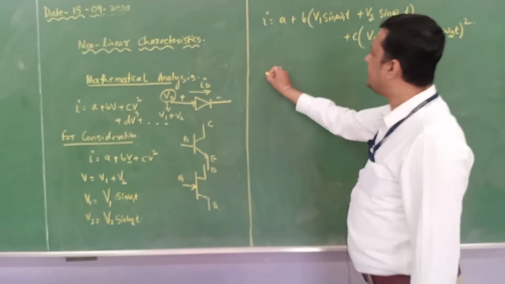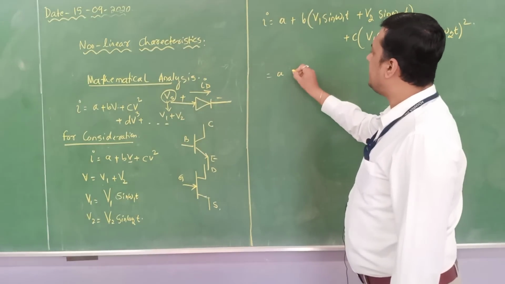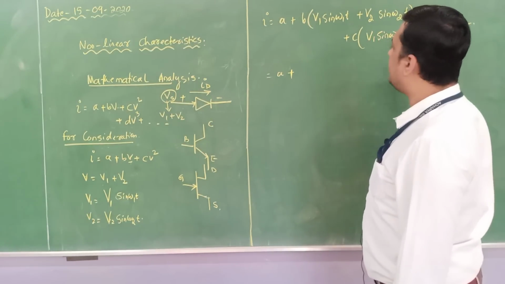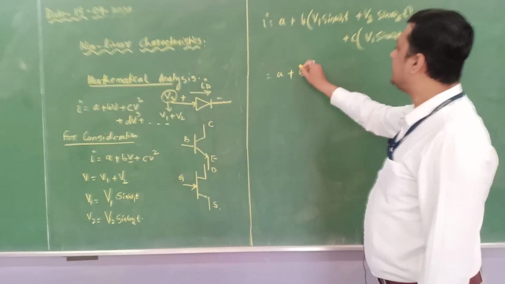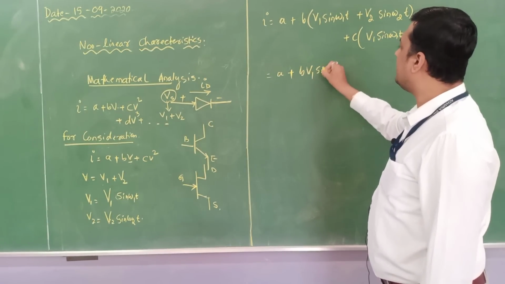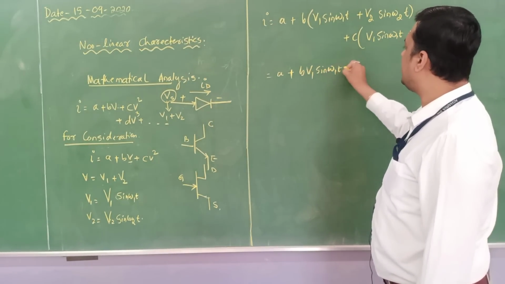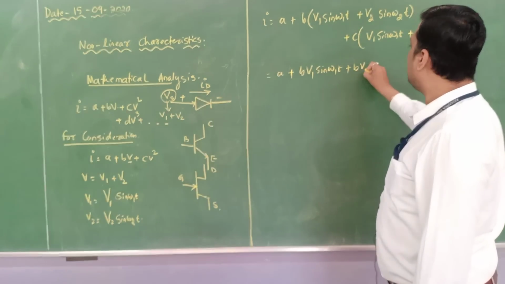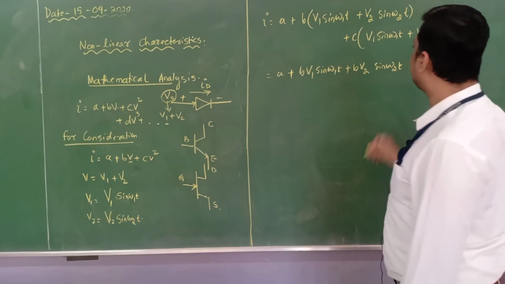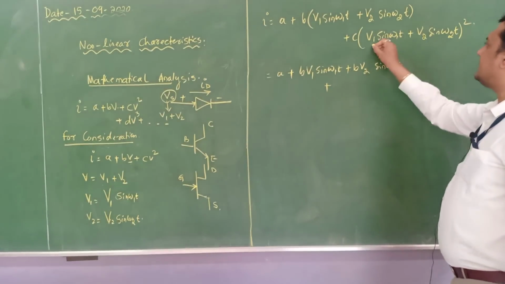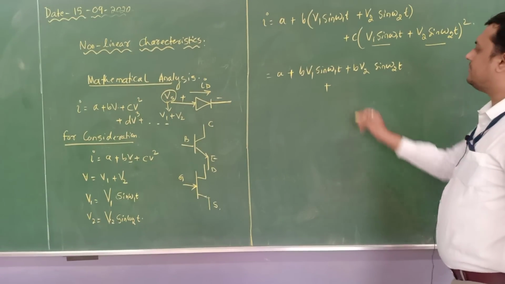Now we need to expand this relation to find the DC components and other spectral components. So first is B V1 sine omega 1t plus B V2 sine omega 2t. Now the A plus B whole square term.